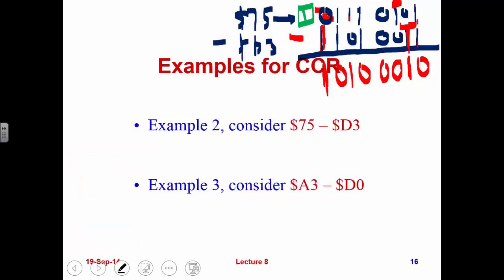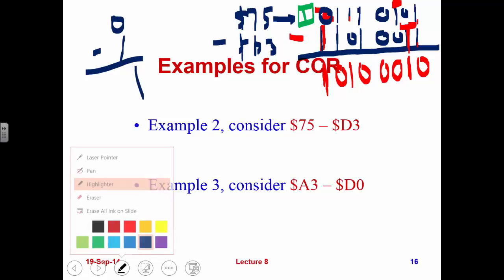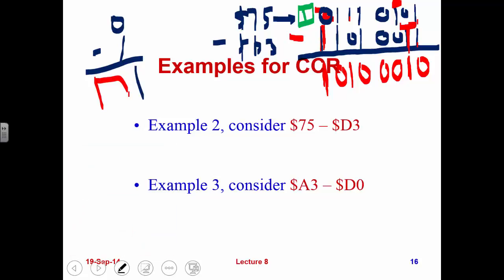Let me change this back to 0. So always make sure in subtraction that 0 subtract 1 is 1, not 0, with the borrow bit. The borrow bit is the same thing as the carry bit, so the carry bit is 1. Make sure this is 1 after the subtraction, not 0.